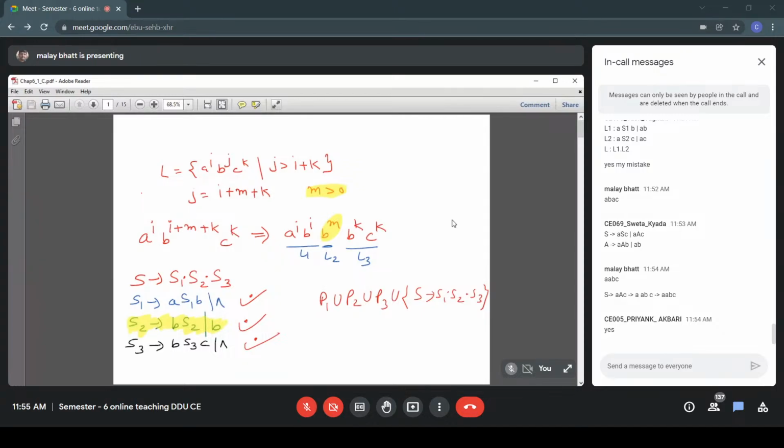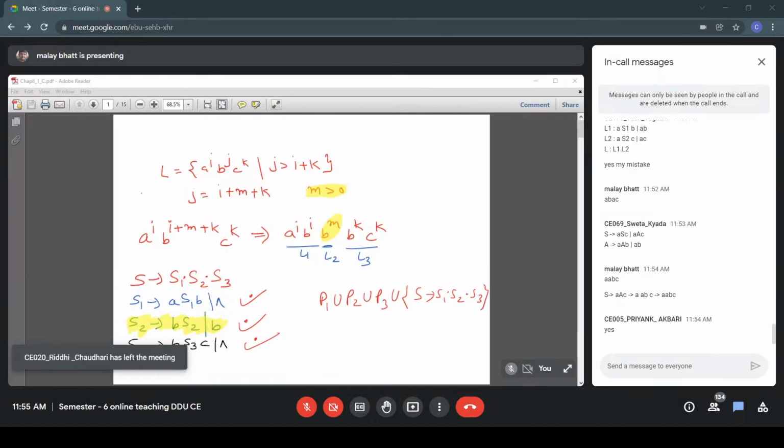Because the occurrences of B are more than A and C. So definitely M cannot be 0 here. This is a very important step, that we cannot take the value of M as 0. Because if you take M as 0, then what will happen?